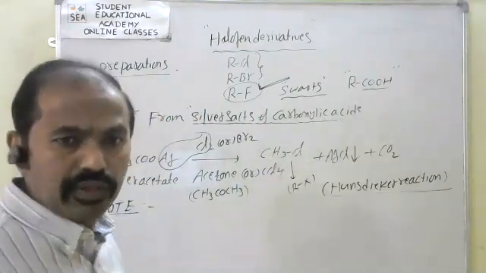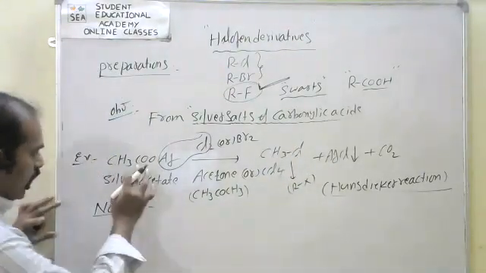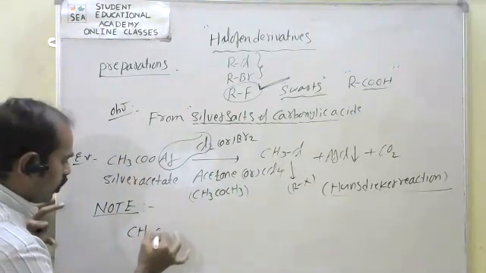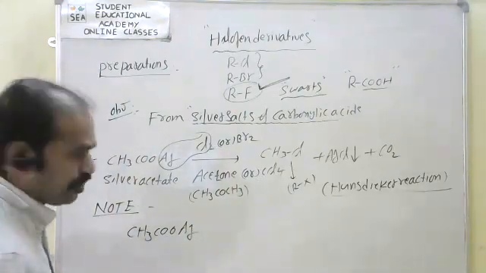Why is it not suitable for the preparation of alkyl iodides? See, same salt, I have taken CH3COOAg, silver acetate.